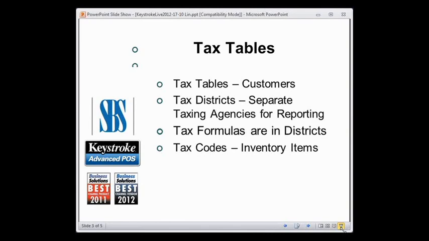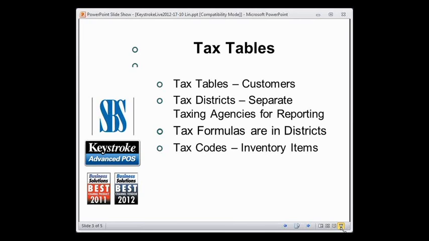You can set each of those up in separate districts, but if for reporting purposes you remit all of those taxes, the state, the county, the city, all get sent to the state, you may not have to set up separate districts. But if you pay them separately, if you pay the state, you pay the county, you pay the town or the city, then you would want to set up different taxing districts.